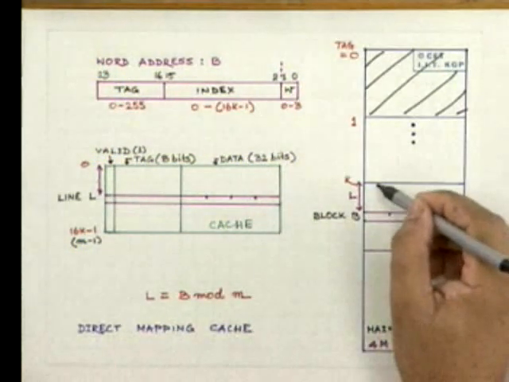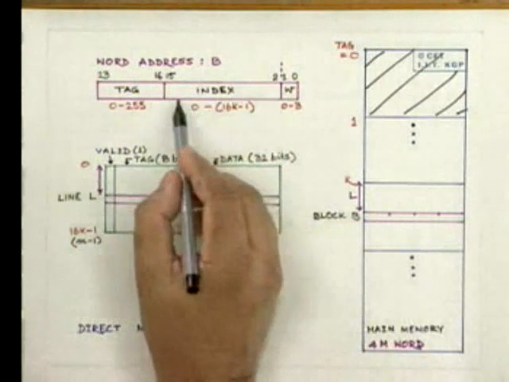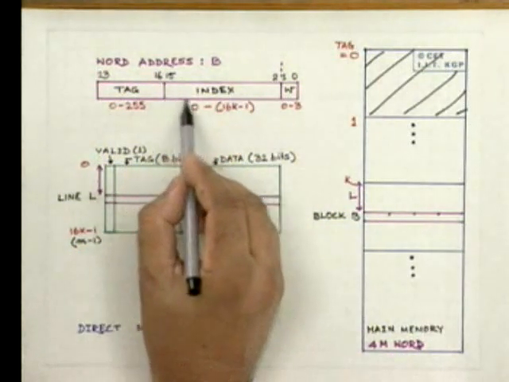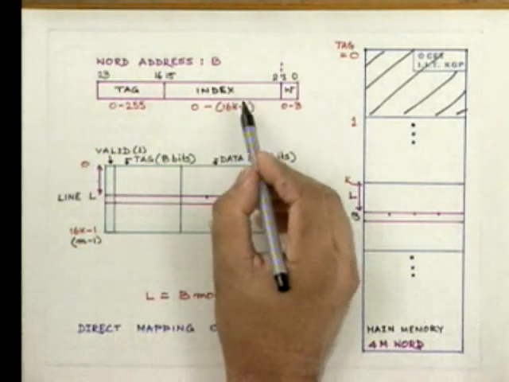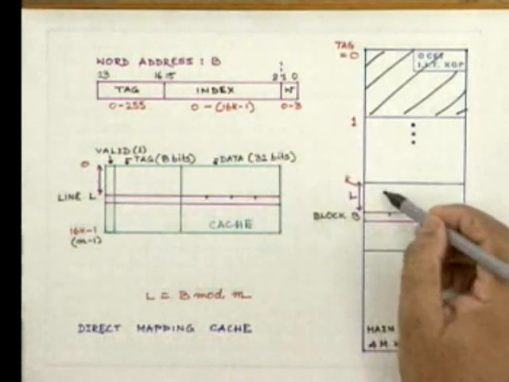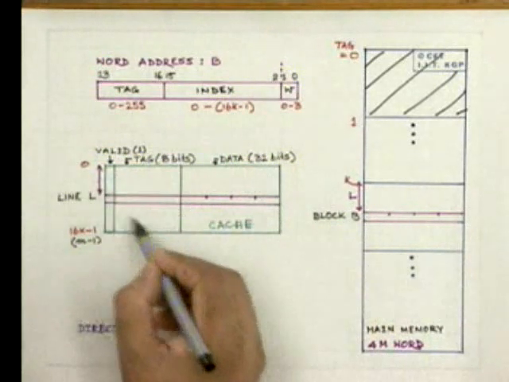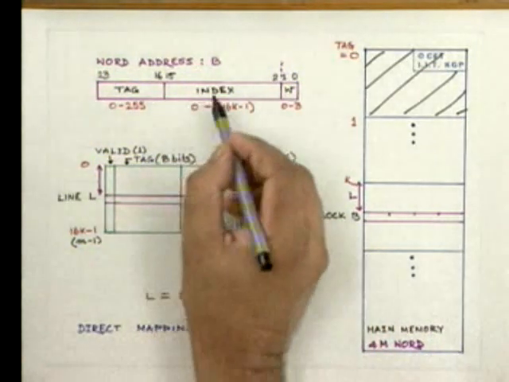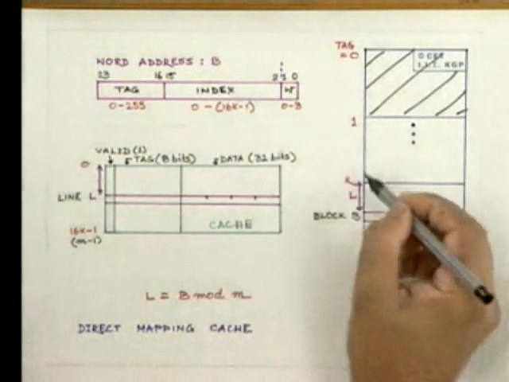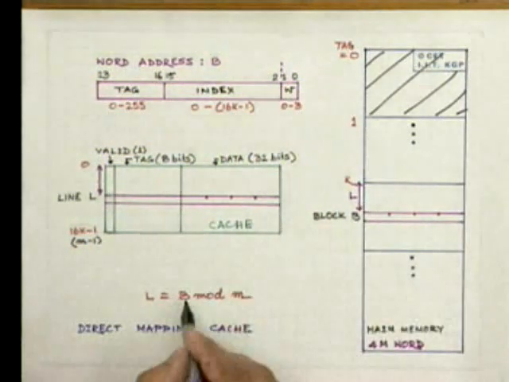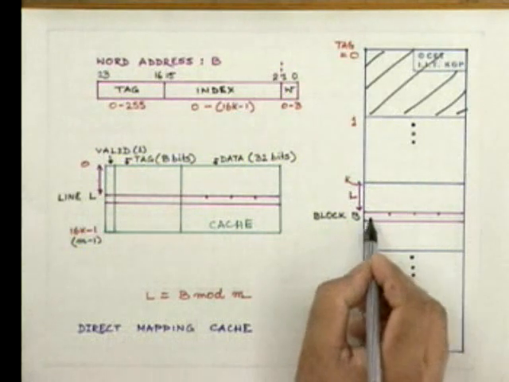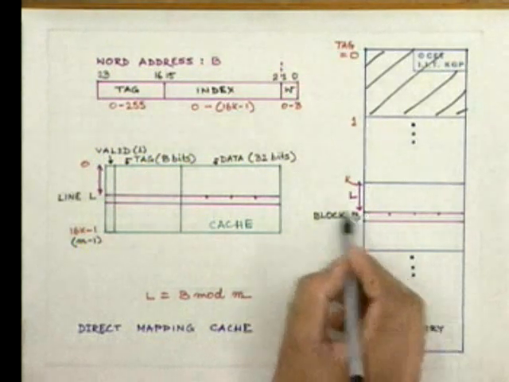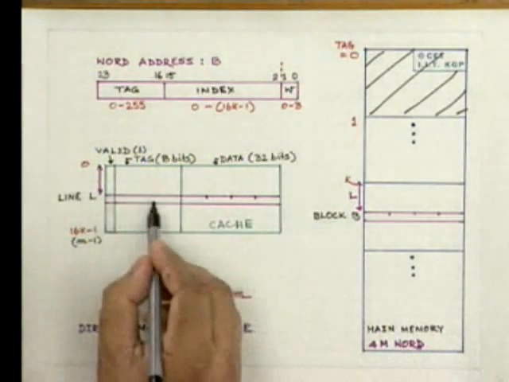That means this is the segment size determined by the number of bits over to here. Since this is 14 bit, this is 16k word. This cache is also 16k word. This index determines the offset L, okay, when you take that B mod M, and therefore that offset directly, that means this block directly is mapped into the 11th line of the cache.